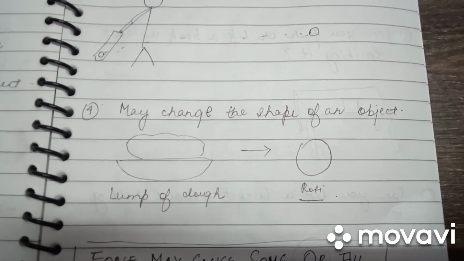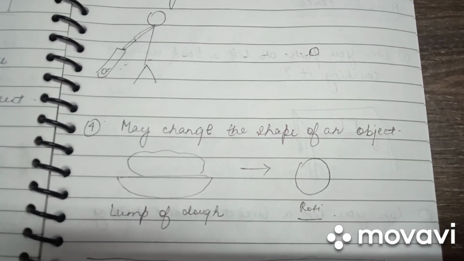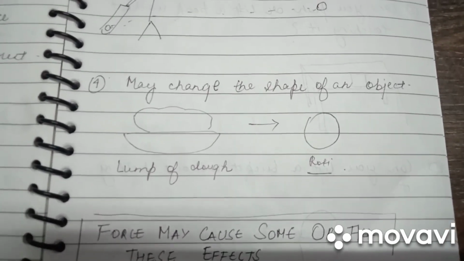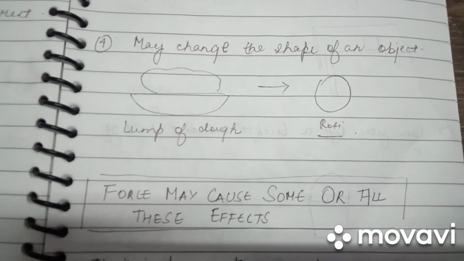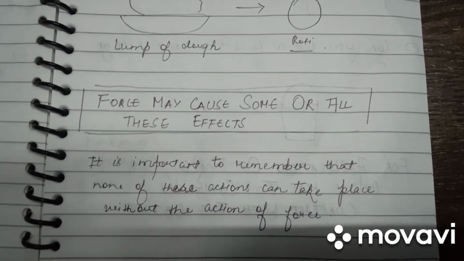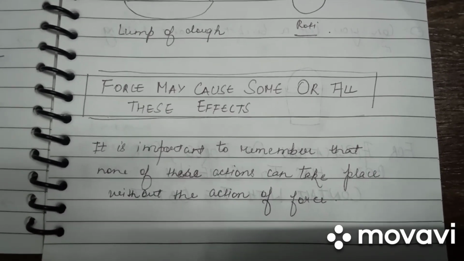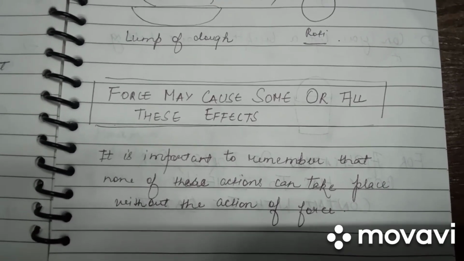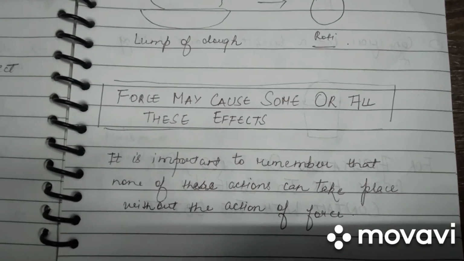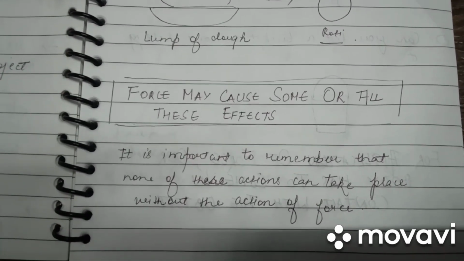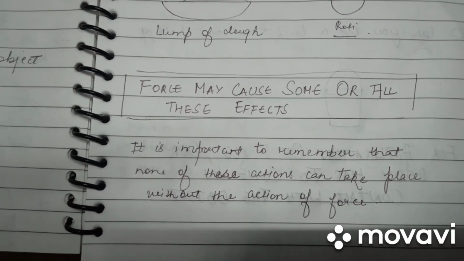As discussed, a lump of dough by application of force can be made into the shape of a roti or a chapati. Therefore, force may cause some or all of these effects. Also, it is very important to remember that none of these actions can take place without the action of force. Neither can an object come from a state of rest to a state of motion without the application of force, nor can its speed be changed, nor the direction, nor its shape.